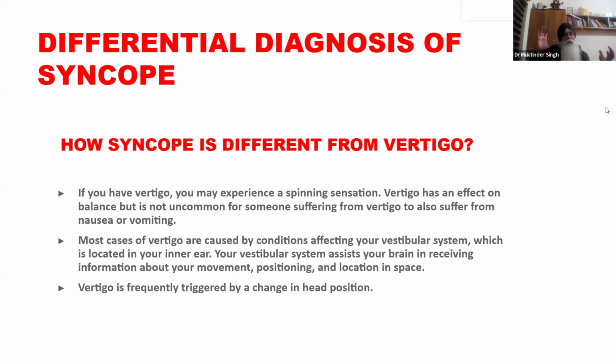What is around me, whether I would be able to jump this distance, or descend that step or ascend that height, or whenever you are driving, you have a judgment that I would be able to pass through that narrow place, or how much speed the vehicle coming from the other side has, and whether I would be able to overtake. So all these are vestibular and proprioceptive sense. In vertigo, the major cause is imbalance in your vestibular sense.